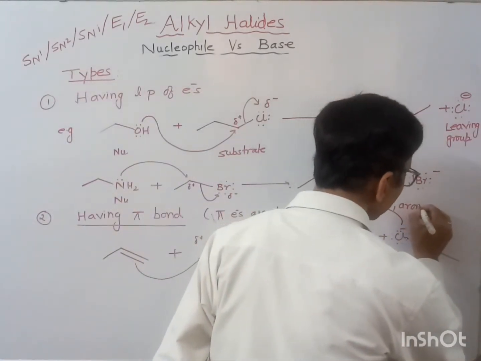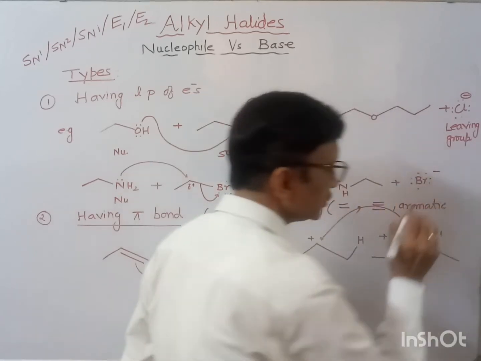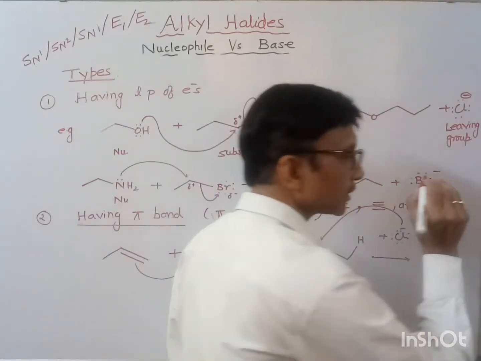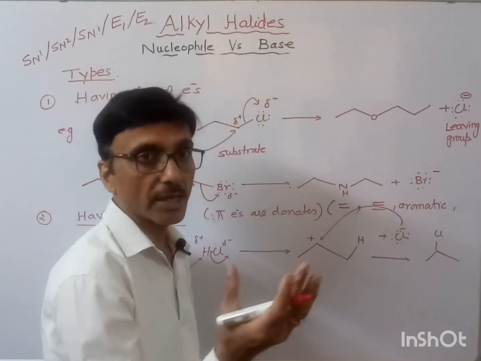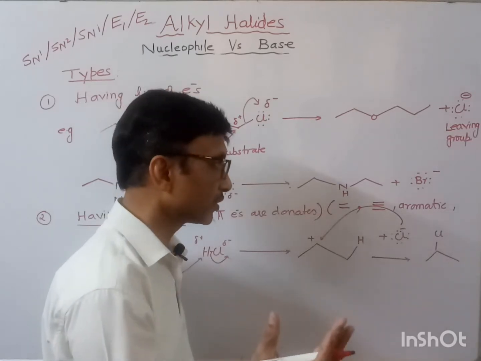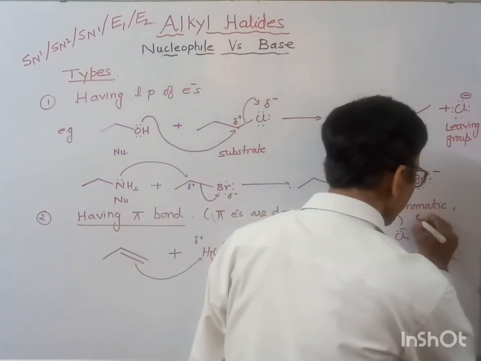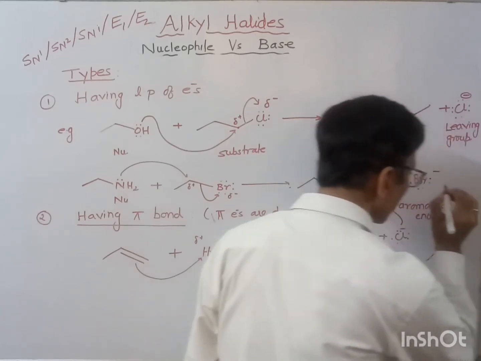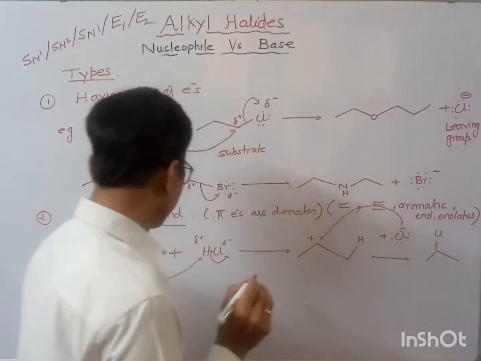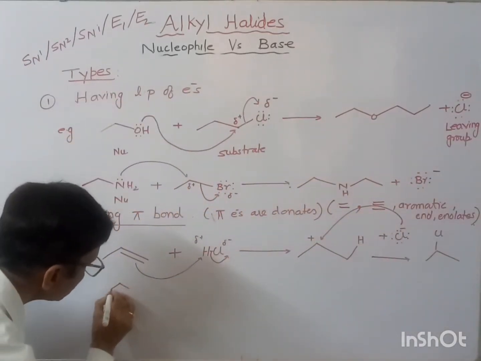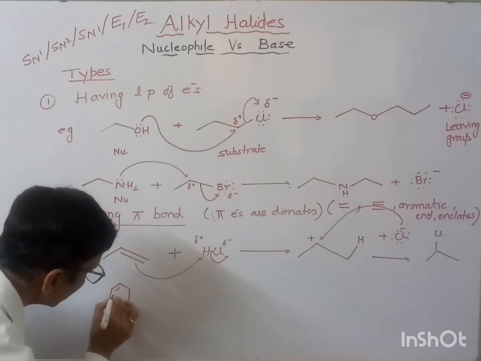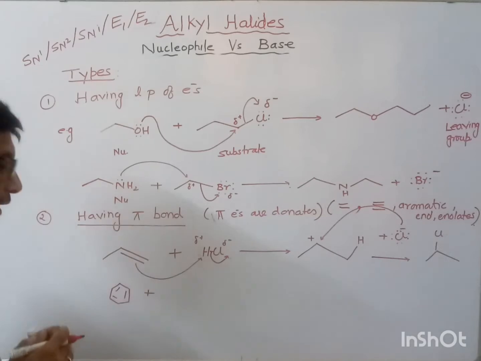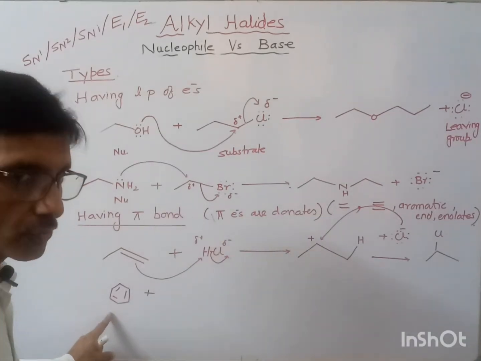So an aromatic compound like benzene can also act as a nucleophile, and some other compounds which contain a pi bond can act as a nucleophile, for example enol or enolate. In the same way, suppose we have benzene. Because it contains pi electrons, it may act as a nucleophile.